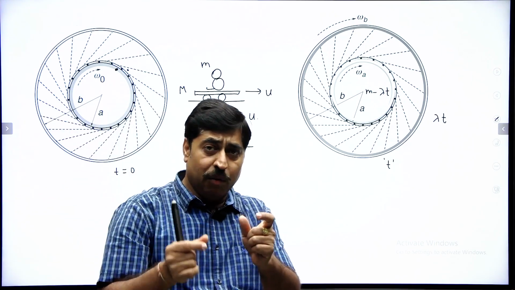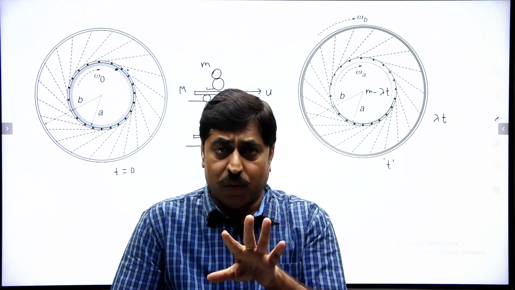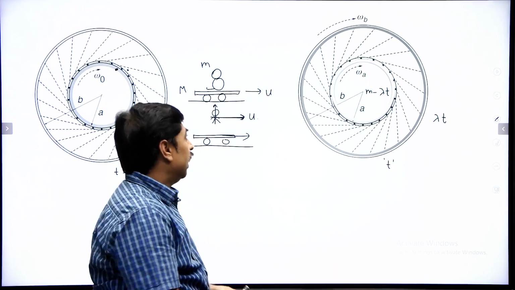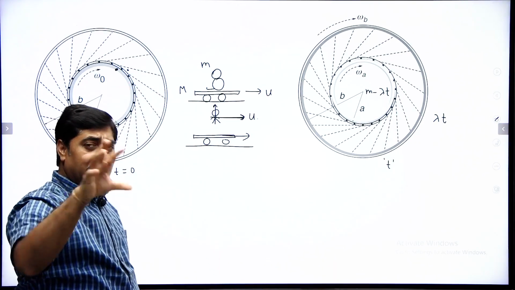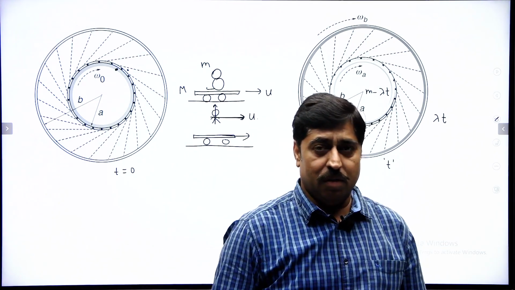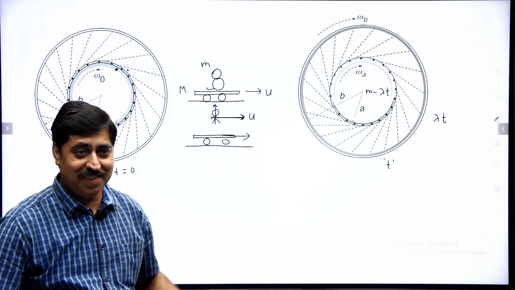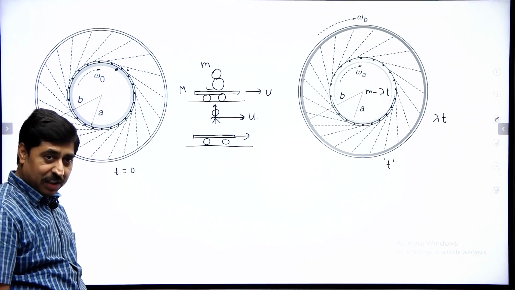In these two scenarios, the angular momentum of that particular particle has not changed. You have to understand that. So, if the angular momentum of the sand particle that is thrown out has not changed, why will the angular momentum of the drum change as such? There is no way. It should not change.